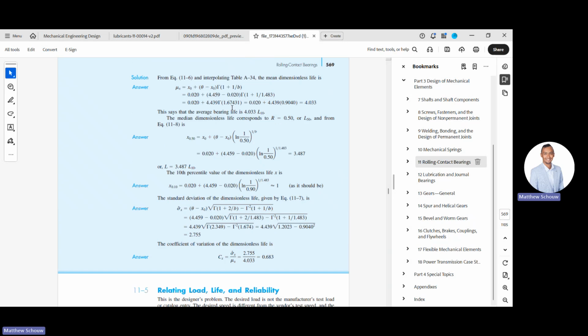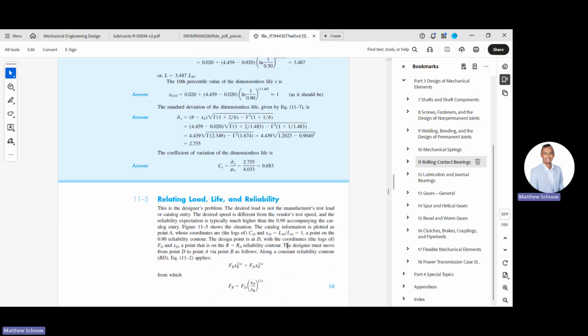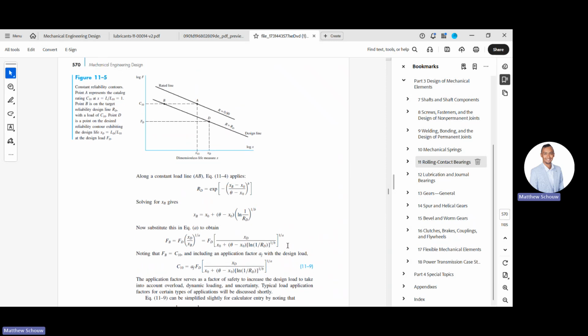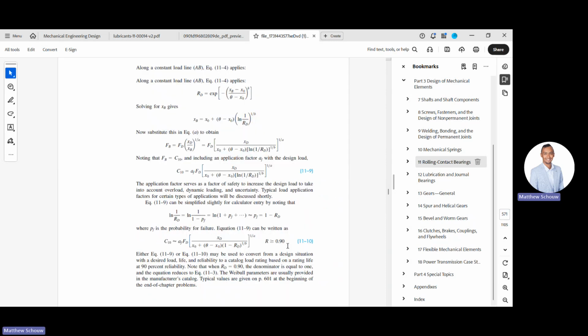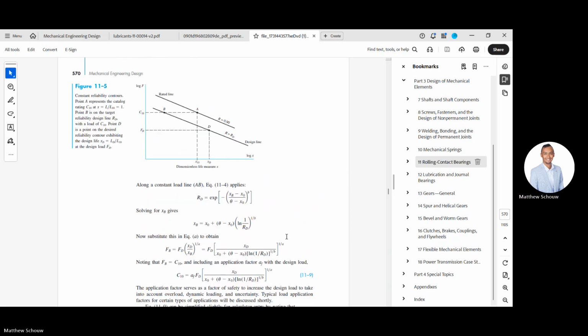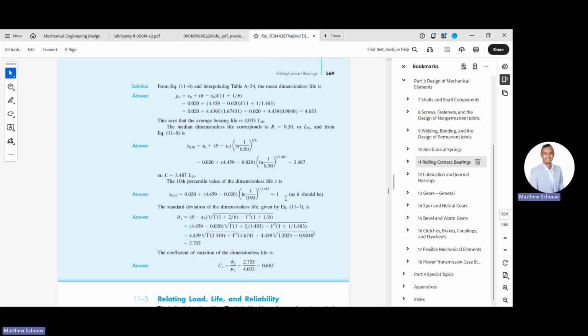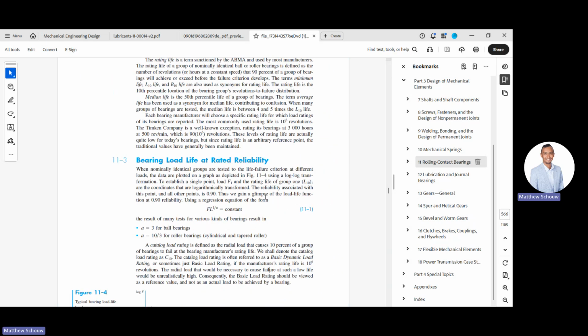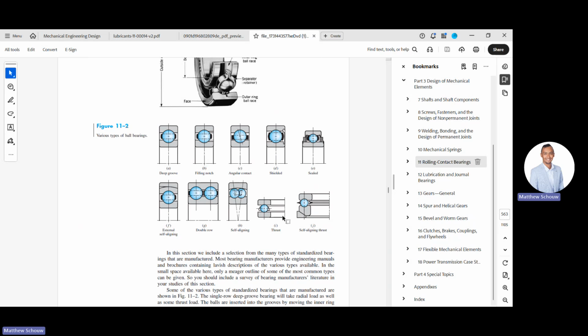You notice they have an additional part over here in the equations to actually find the reliability. And then we've looked at this, but you notice there's a more modified formula, and they've included more impacts where they relate load, life, and reliability. We basically looked at a bit of life, and then that was to do with the probability.